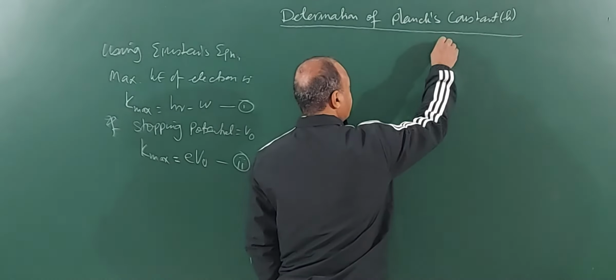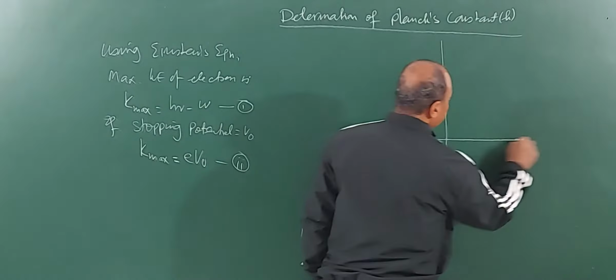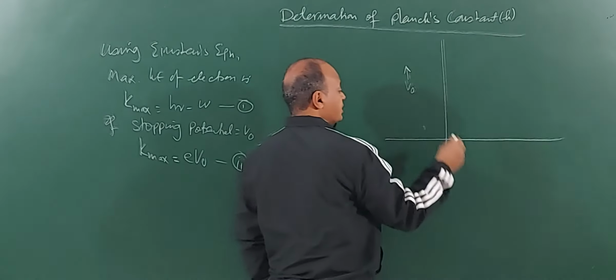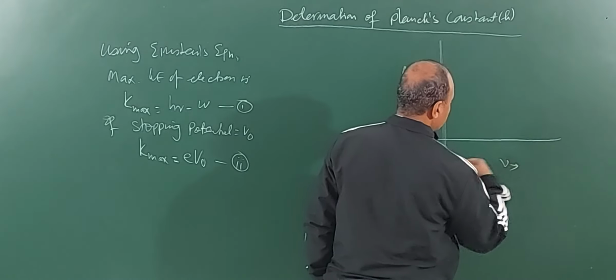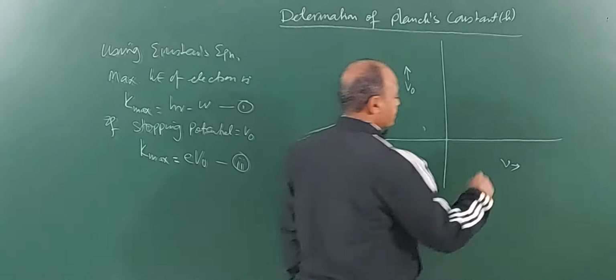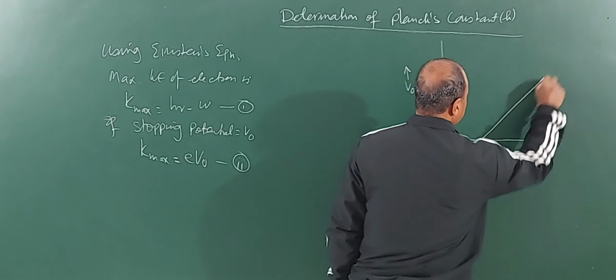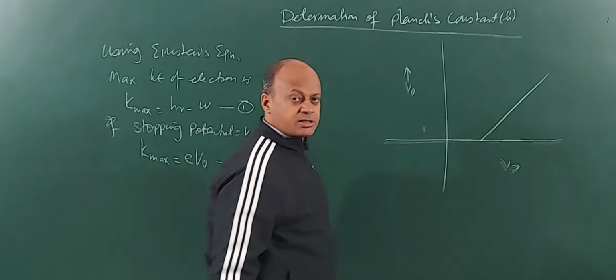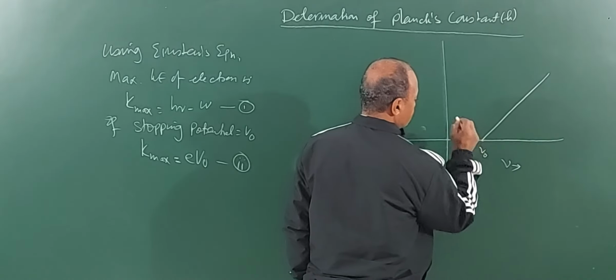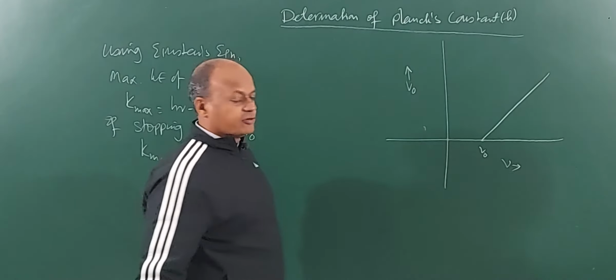This is the graph that we had got. This is the stopping potential V naught, and the x axis is showing what? The frequency. And if you remember, children, the graph had come like this, right? And this frequency actually is nu naught, the threshold frequency.